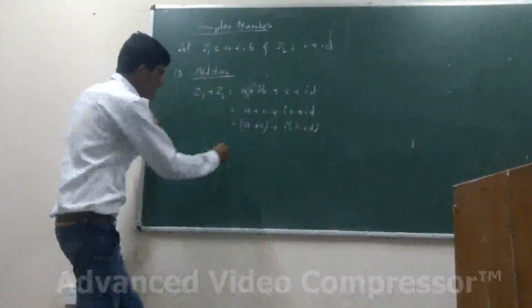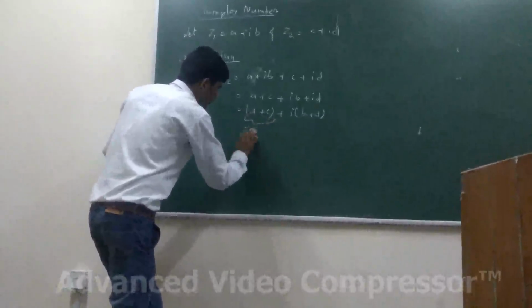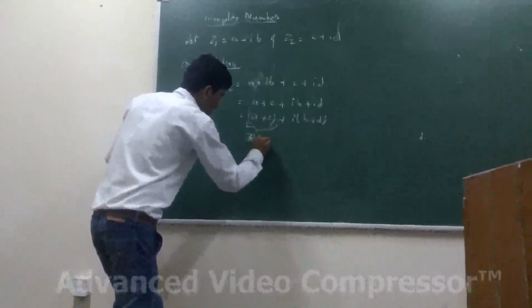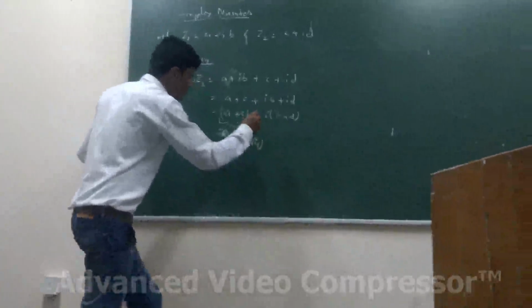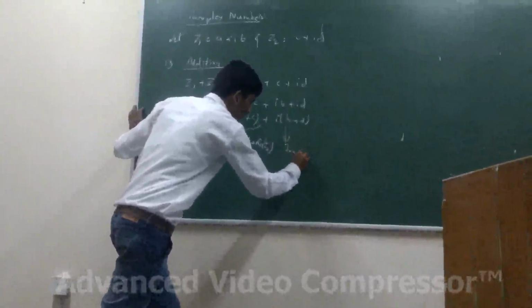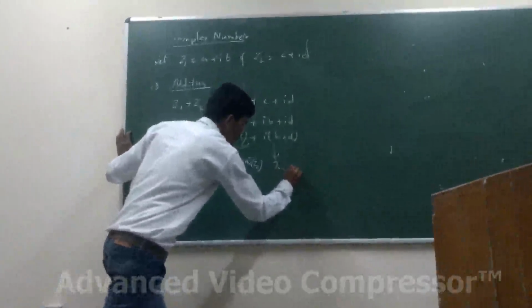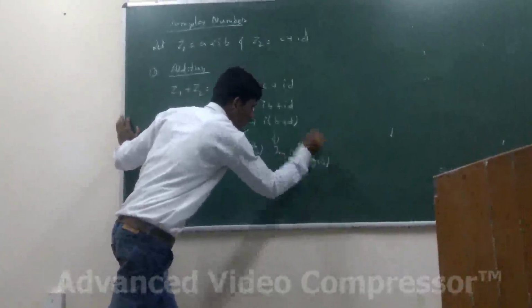That is the real part of z1 plus the real part of z2, plus the imaginary part of z1 plus the imaginary part of z2.